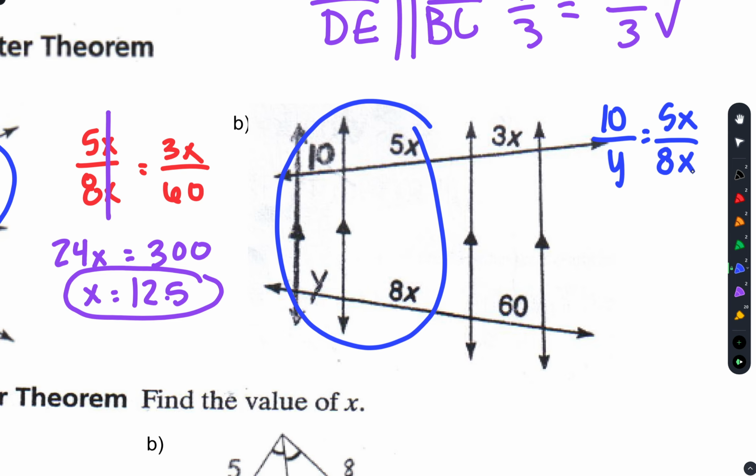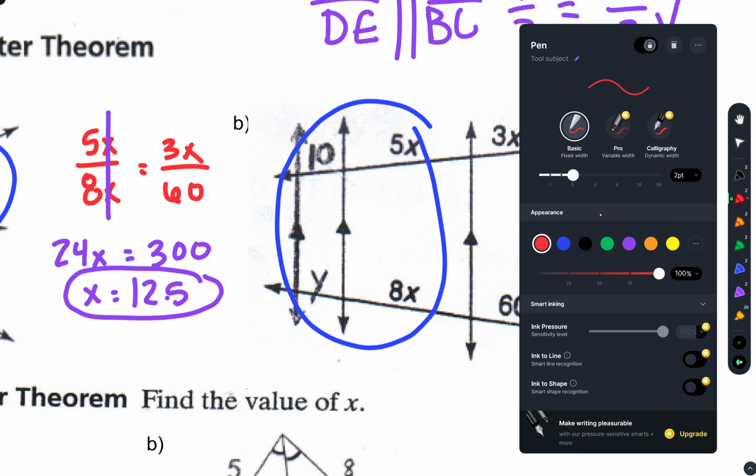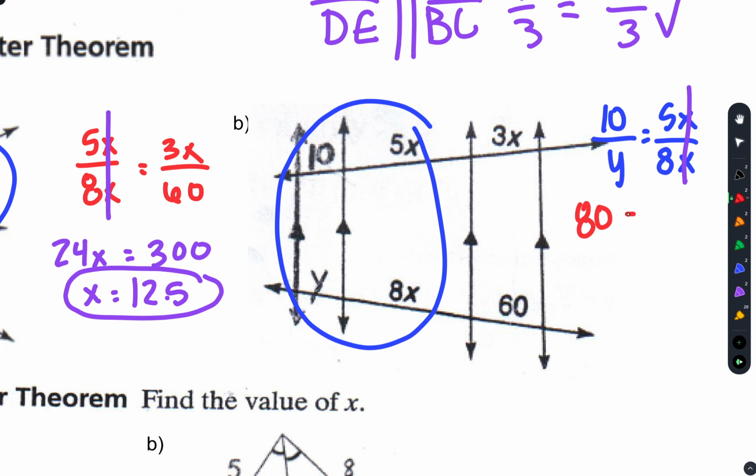You could sit there and you could plug in your 12.5 and figure out what 5 times 12.5 and 8 times 12.5 is, or once again, what can we cancel out? Those x's. We're going to cross multiply. This is 80 equals 5y, or y equals 16. Any questions on that?